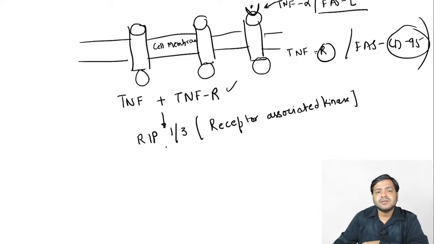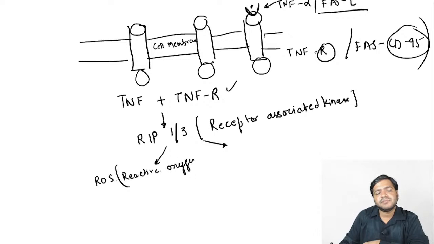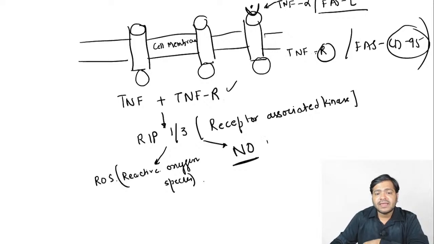Now this receptor associated kinase will activate the reactive oxygen species. And this receptor associated kinase will not lead to caspase activation.